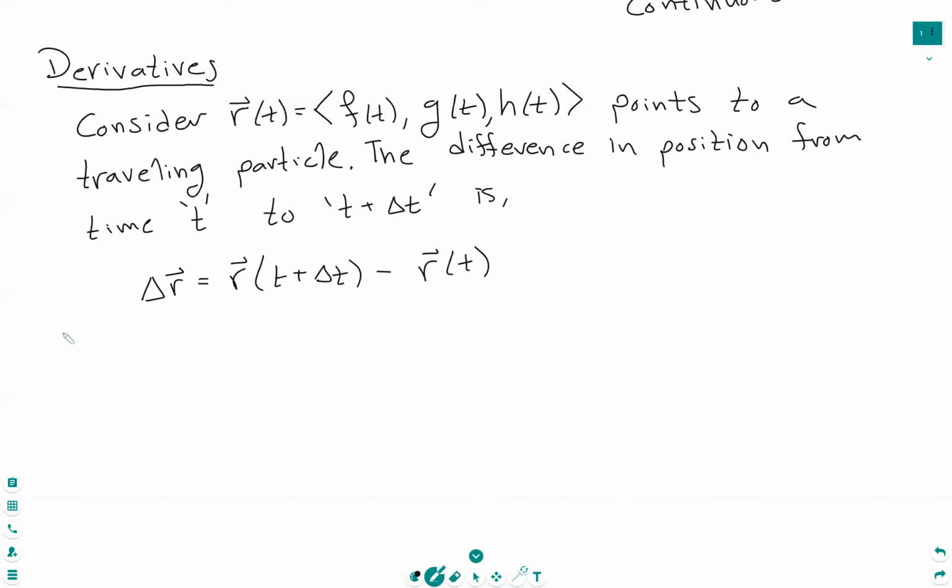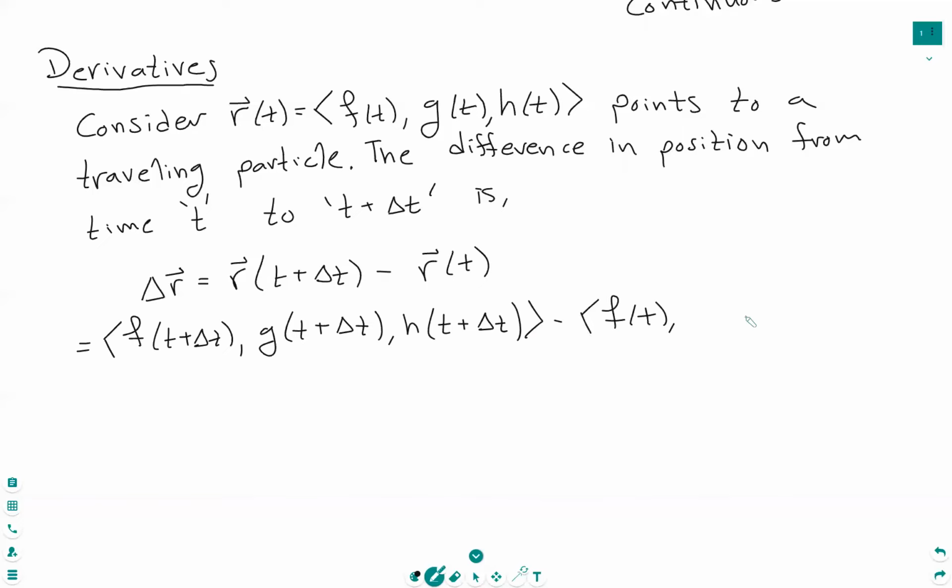Well, we can write this in its component form. So this is f of t plus delta t, g of t plus delta t, and h of t plus delta t, minus f of t, g of t, and h of t.